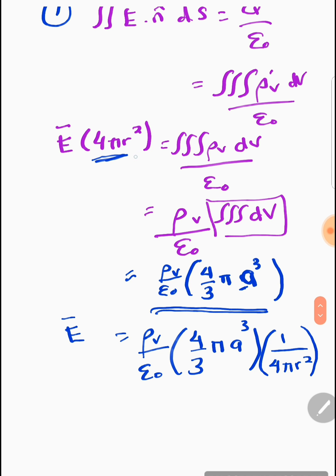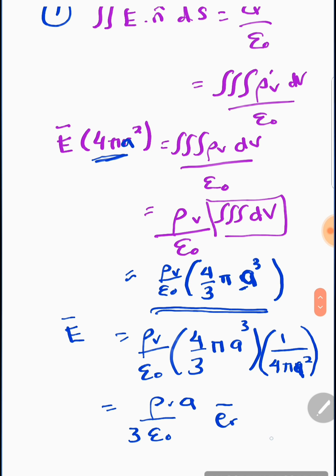So this will be A, and therefore this will be A. So we can simplify this, and then it becomes rho over 3 epsilon naught, and that leaves you with an A. And don't forget, I indicate this as the vector in the radial direction. So that's the difference here that you can see.